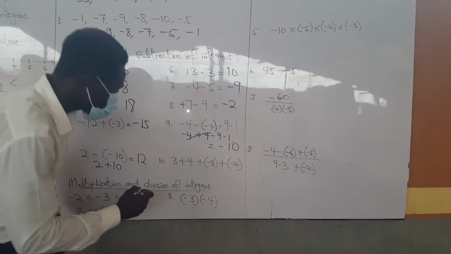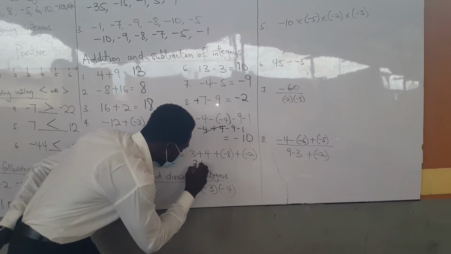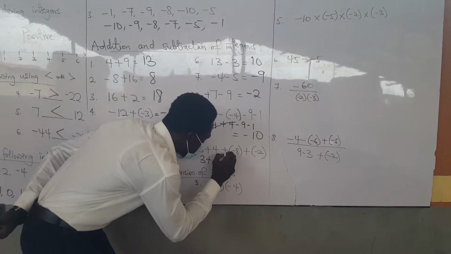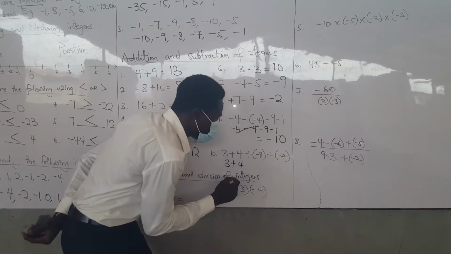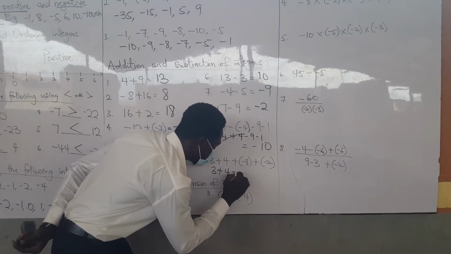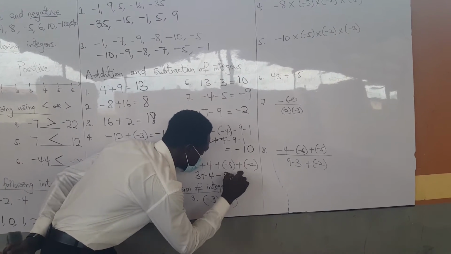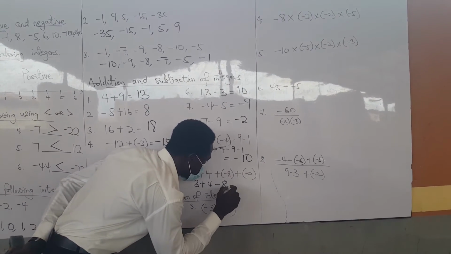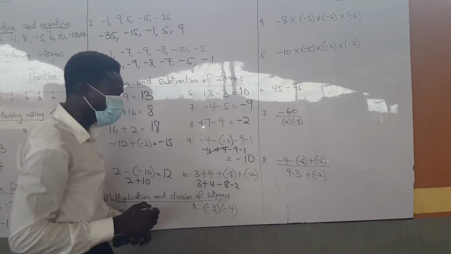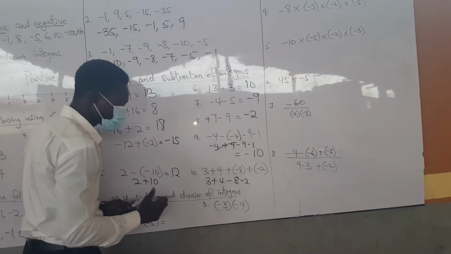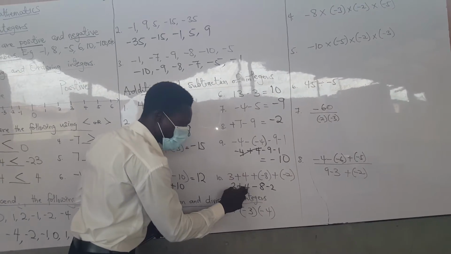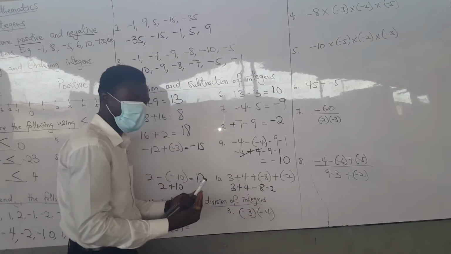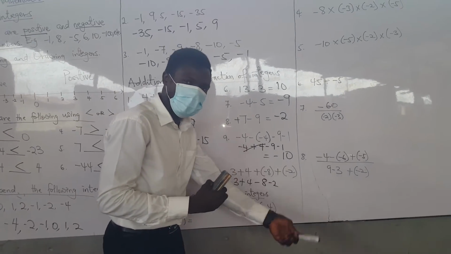Then the last one, we have 3 plus 4. Negative and positive, when they meet, is going to give us negative 8. Then negative, positive, when it meets, going to give us negative 2. So here, 3 plus 4, positive, positive, so it's going to give me 7.